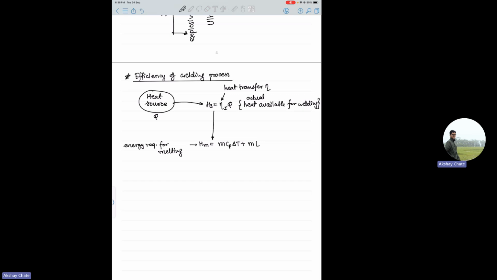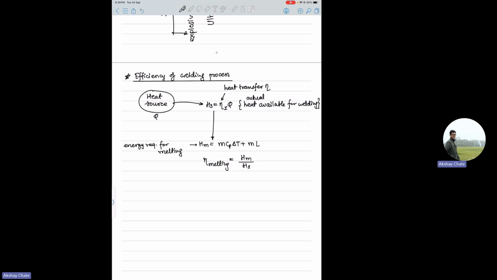So you define one efficiency of melting, which is what is the actual requirement upon what you supplied.